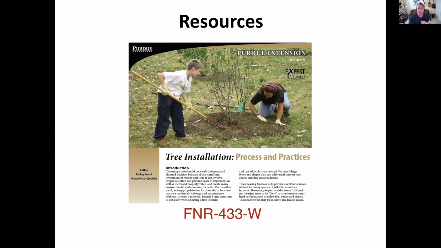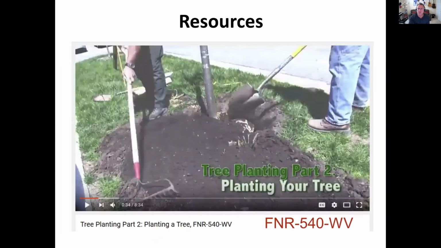Also, there's an accompanying resource for tree installation, which also talks about tree selection, and a video on how to plant a tree properly, focusing primarily on balled and burlap and containerized trees.